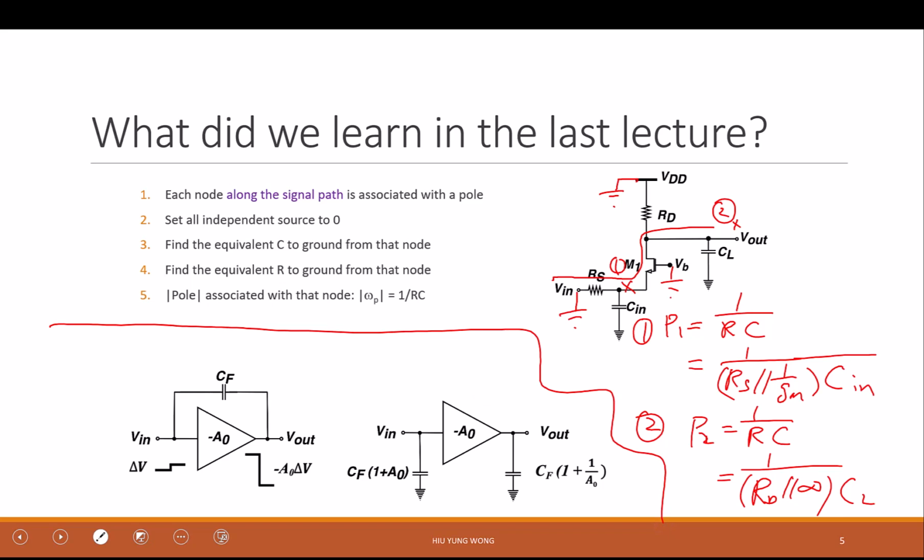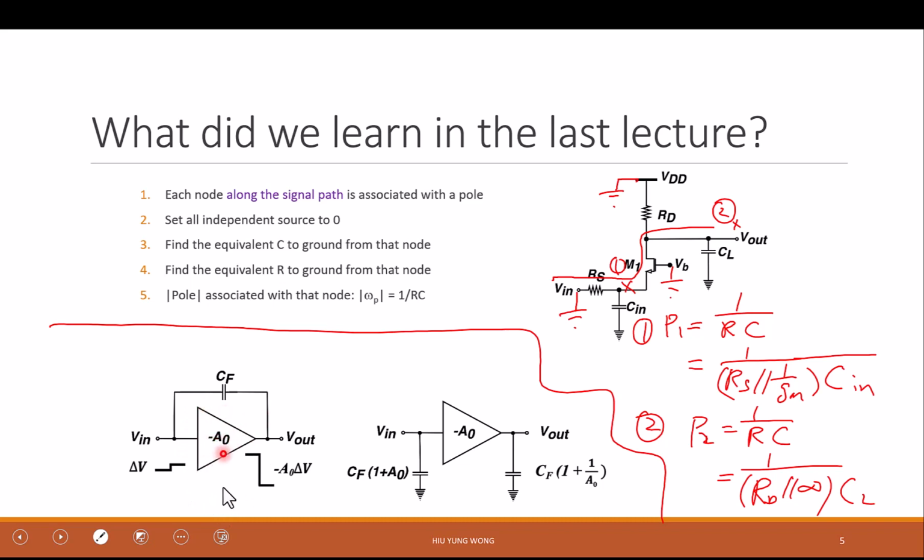Now, in order to use this, we assume that the capacitor or resistor always has one terminal connected to ground. But this is not the case in all circuits. For example, in this case, although this is a triangle amplifier, it just means that maybe I have many transistors, resistors, and capacitors here.